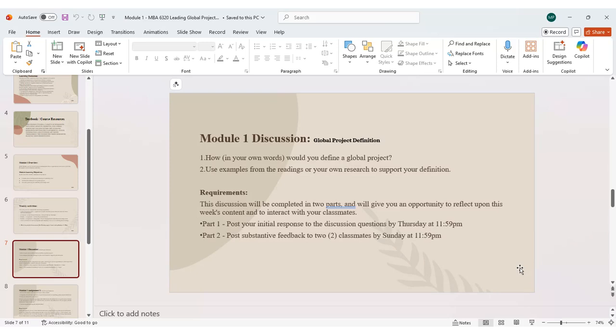So these projects typically support multinational organizations or initiatives that require coordination beyond a single geographic location, such as implementing an enterprise system across global offices, managing an international supply chain initiative, or launching a product in multiple markets simultaneously.